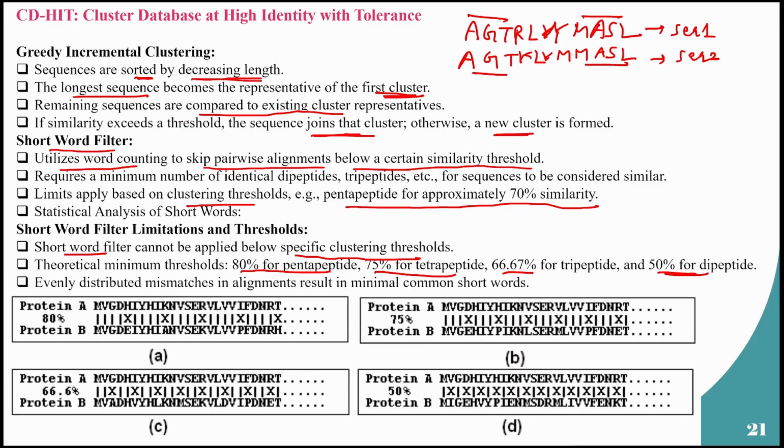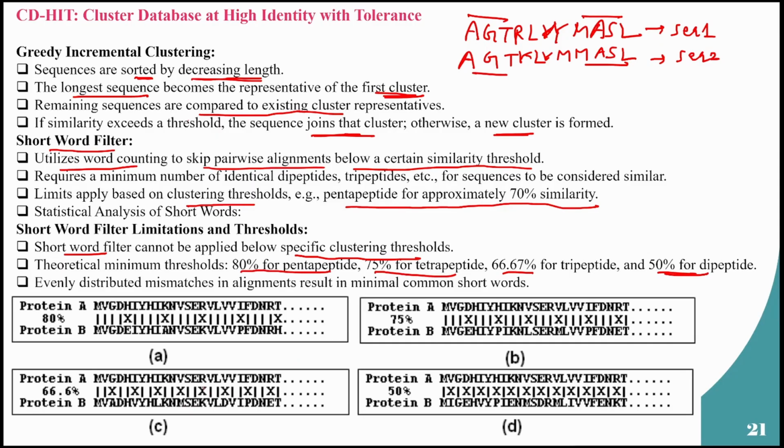In the worst case scenario, if the characters or amino acids are matching at different parts, that means there will be certain mismatches also, because it's not completely matching, of course. In the worst case scenario, the mismatches can be spread very evenly across these two sequences. What that will mean is that you cannot find a proper match using a certain stretch of characters if the mismatches are distributed evenly.